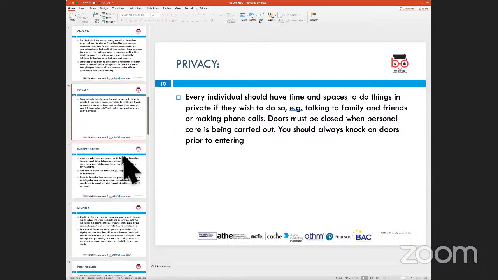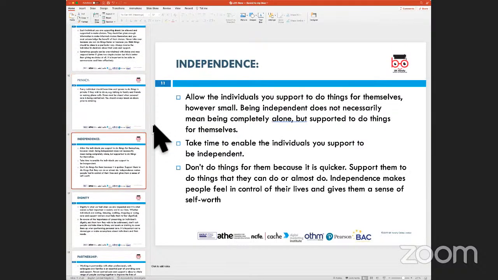We also talk about independence. One of the key values under the person-centered approach is independence, and that is when you're supporting people to be as independent as possible, which is one of the key pillars of person-centered care. That means here what you're going to do is try and help people build on their confidence and improve their quality of life, which would allow the NHS in particular and the associated organizations to achieve what are called better health outcomes.